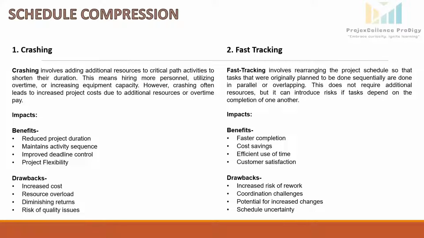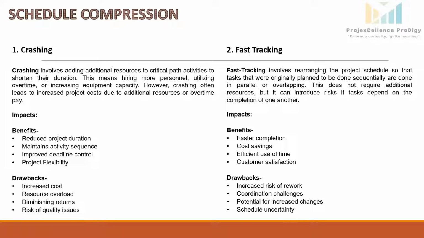So, to wrap up, we have explored 4 key techniques for managing time and resources in project management: resource leveling, resource smoothing, crashing, and fast tracking. Resource leveling helps balance limited resources by adjusting the schedule, though it may extend the project's duration to prevent overloading. Resource smoothing ensures efficient use of resources without impacting the critical path or overall timeline.